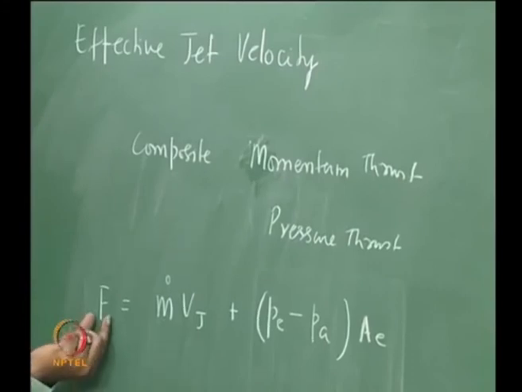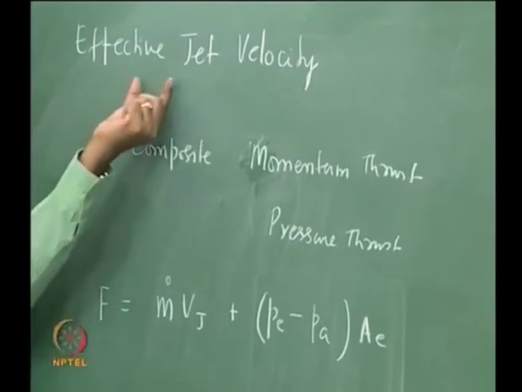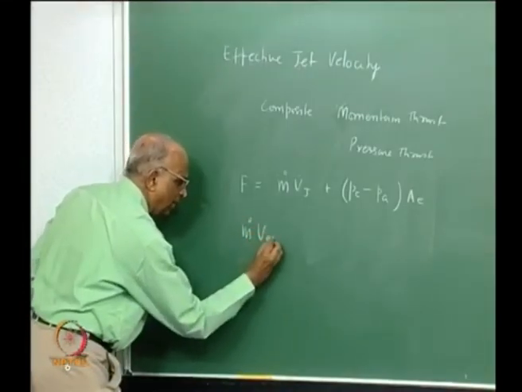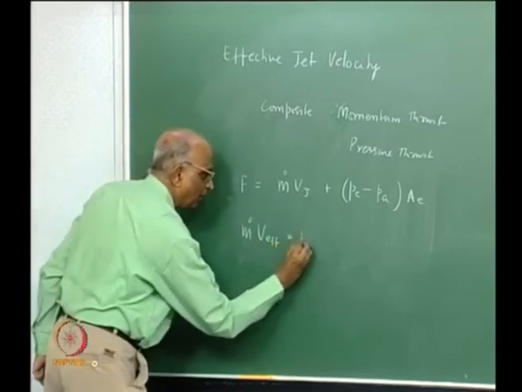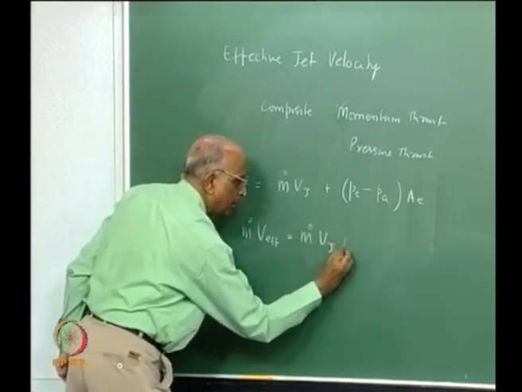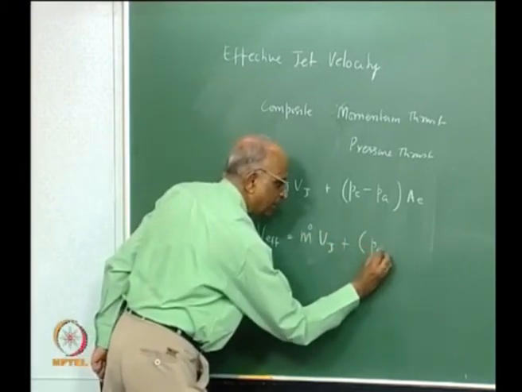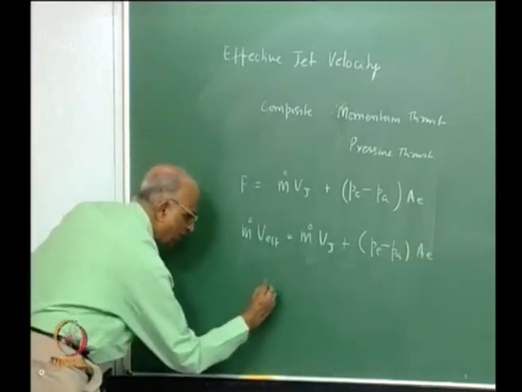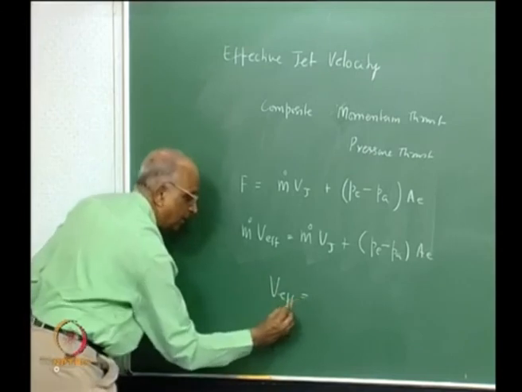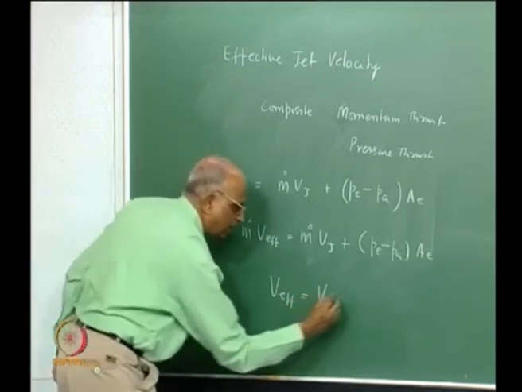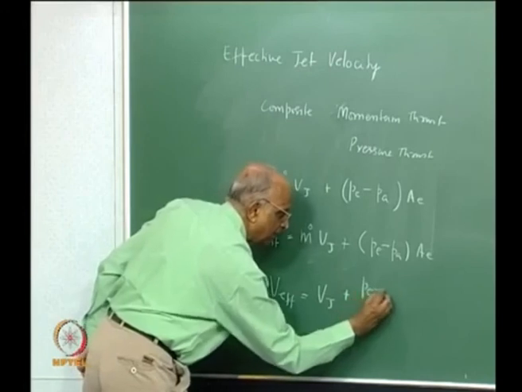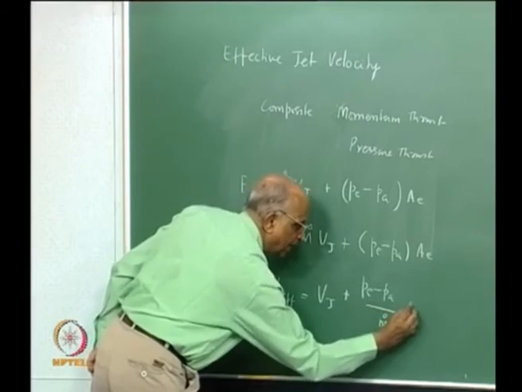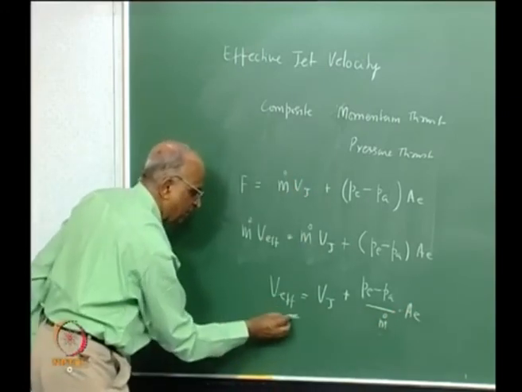Now, if I have to put this thrust in terms of an effective jet velocity, I say F is equal to m dot into V effective, and this is equal to m dot into Vj plus the same thing, Pe minus Pa into area, and therefore the effective jet velocity is equal to the jet velocity plus Pe minus Pa divided by m dot into Ae, and this is defined as the effective jet velocity.